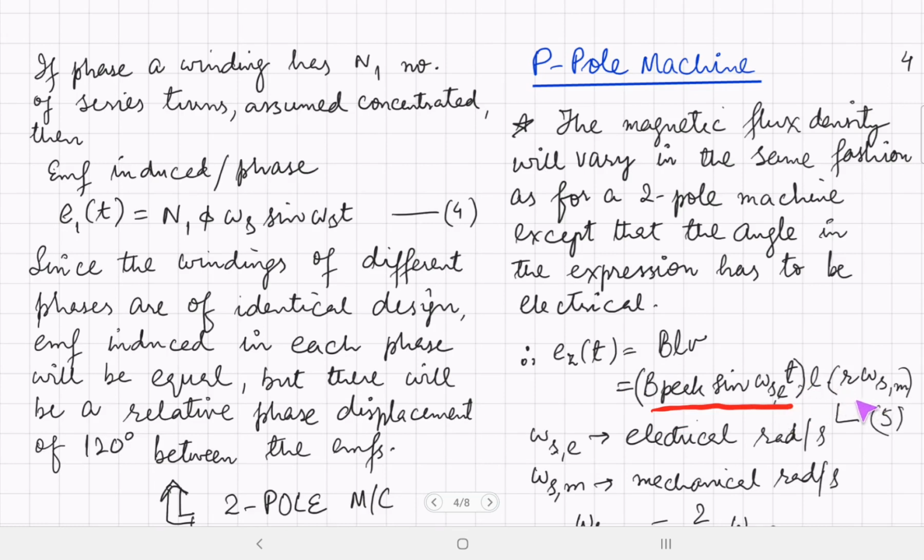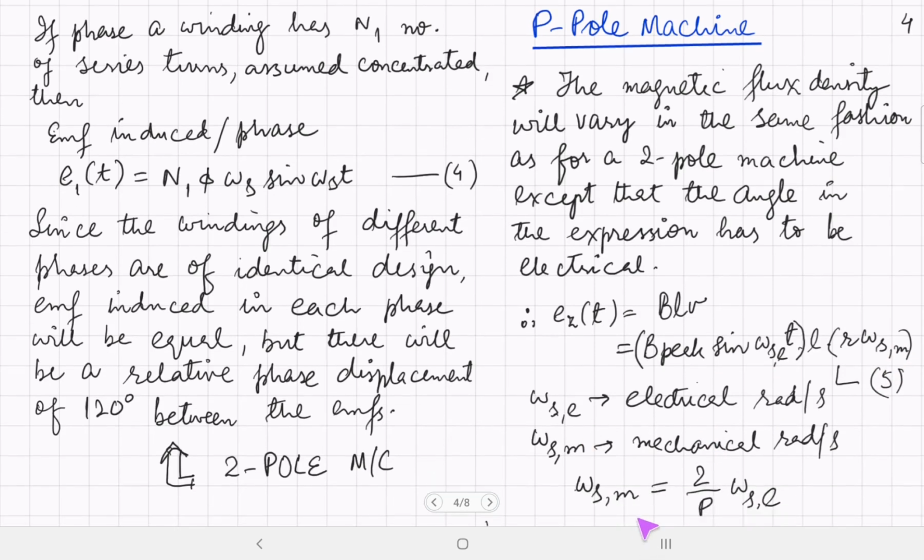Then we have L into R omega S again, but omega S here, since it's the actual speed between the field and the conductor, therefore here we'll use omega S measured in mechanical radians per second. Omega SE is in electrical radians, and omega SM is in mechanical radians per second. And we know the relationship between the mechanical angle and the electrical angle.